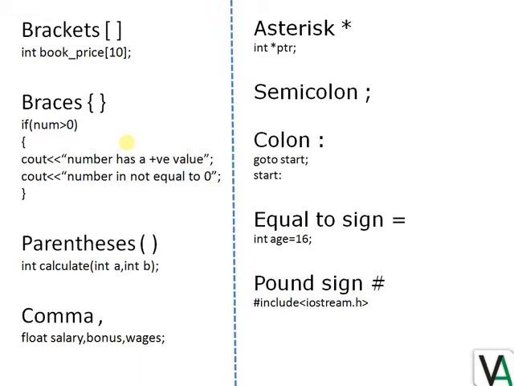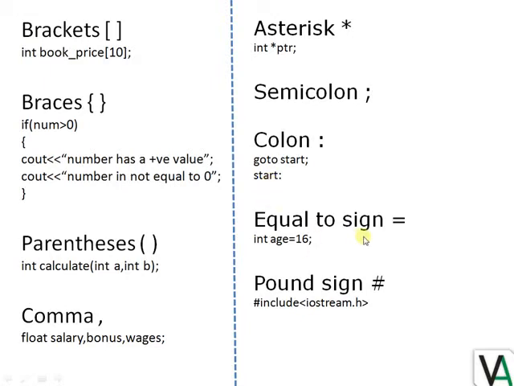Asterisk is used to tell the compiler that the variable we are declaring over here is a pointer variable. Semicolon is used to separate a line from one another. Colon is used to give the start point of a go to statement. Go to start, from this statement the compiler will jump to the label where it is implemented.